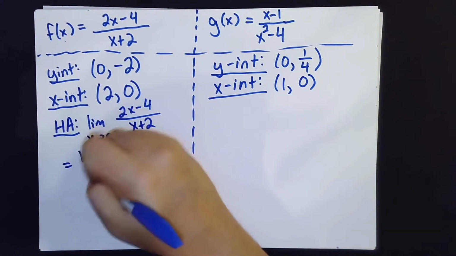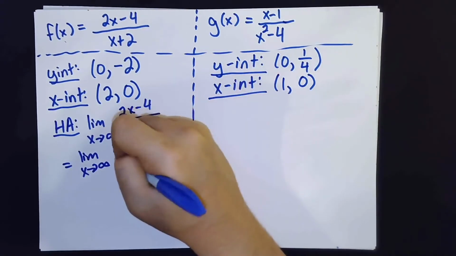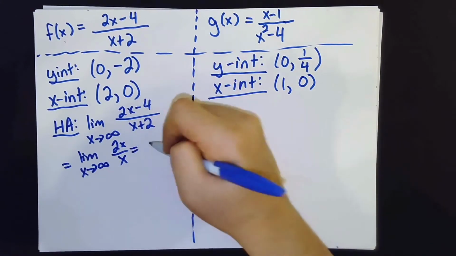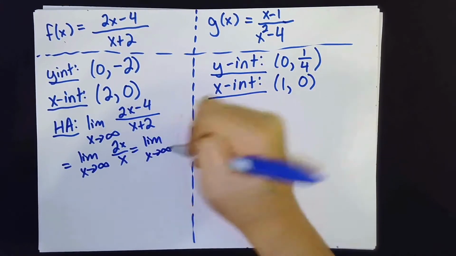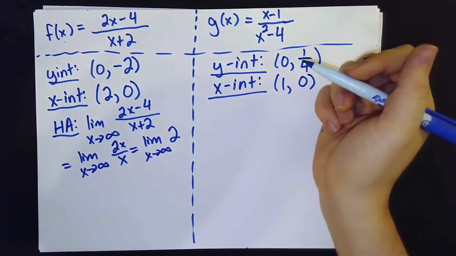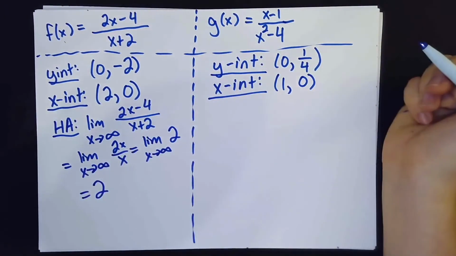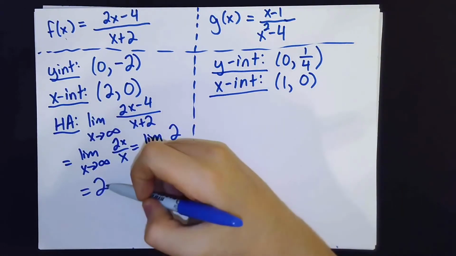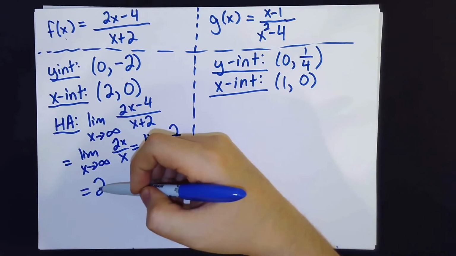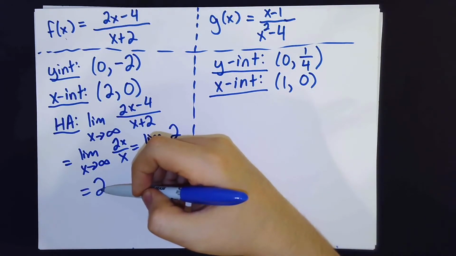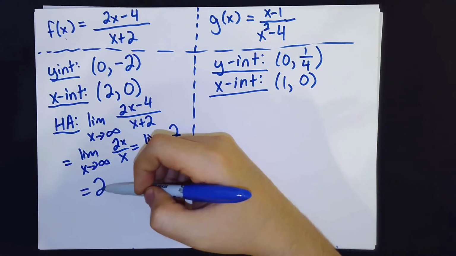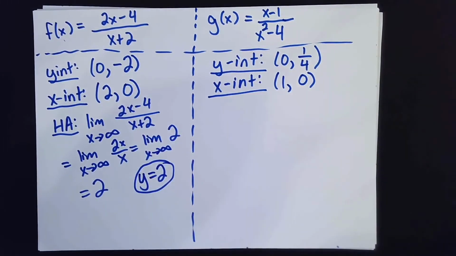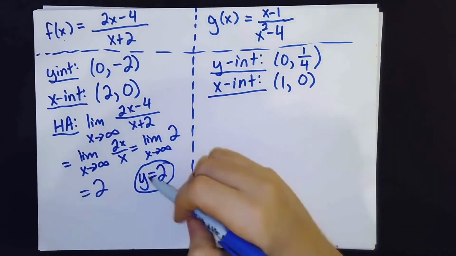So I write the limit as x goes to infinity of just 2x over x, because x to the first is the highest power of x in both of these, which is the limit as x goes to infinity of 2, because I can cancel the x's, which is just 2. That says that this function has a horizontal asymptote at 2. Okay, take a second. Is this an x equals 2 or a y equals 2? Squint your eyes and think hard. You're right if you said it's y equals 2. My horizontal asymptotes are horizontal lines, so they always look like y equals something. So that is my horizontal asymptote.